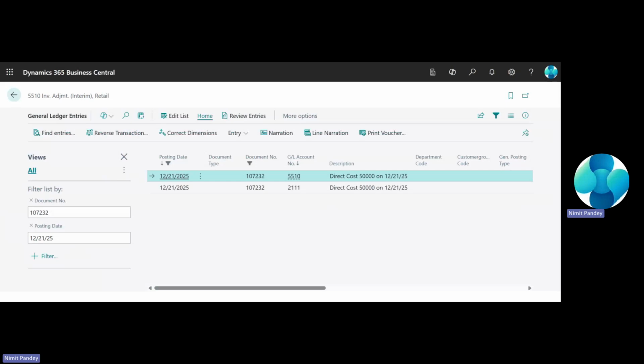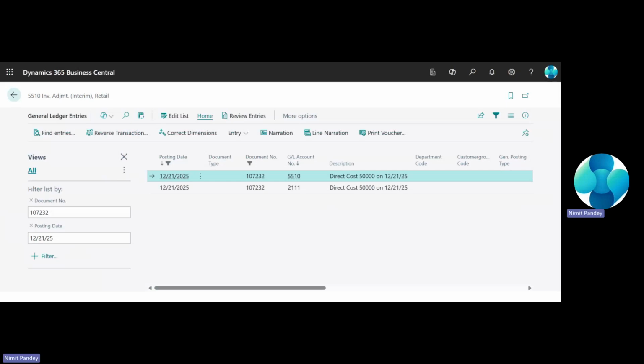So in this scenario, the inventory accrual account interim, which is part of liability, is debited, and the inventory account interim, which is part of assets, is credited.